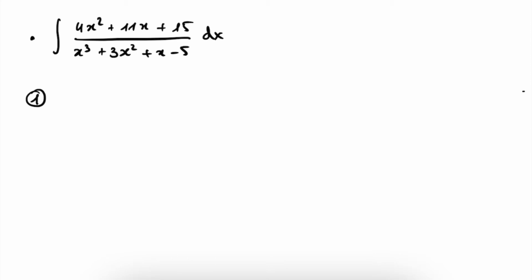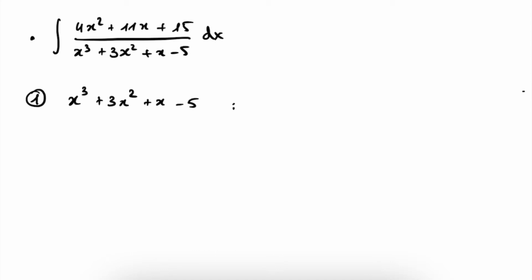However, what we do want to do is try to factorize this denominator polynomial. We try to write it as a product of polynomials of a lower degree. And this basically boils down to finding the zeros of this equation. And finding the zeros of a third order polynomial equation can be quite difficult.